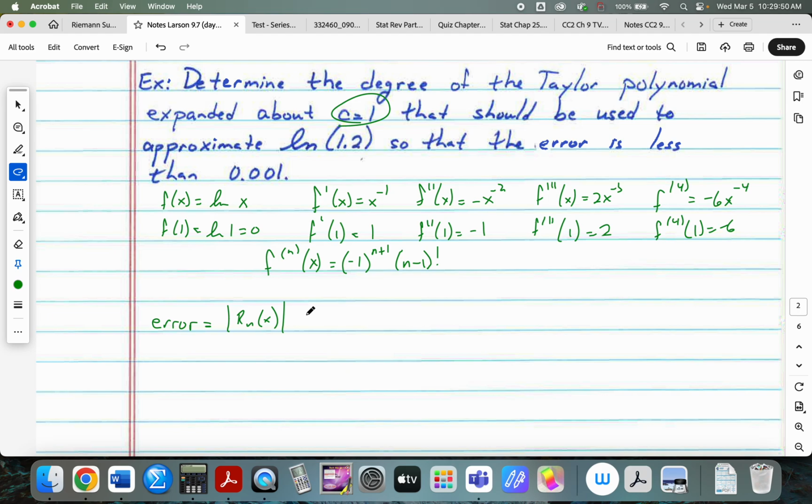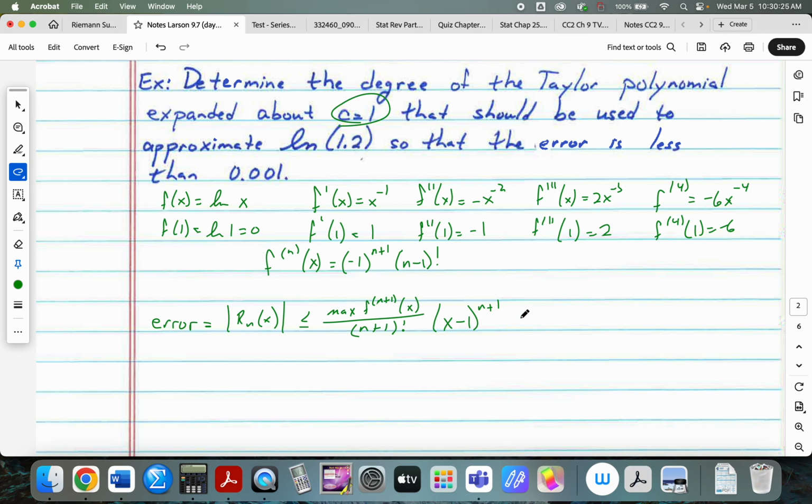And we know that that absolute value is going to be less than or equal to the max of the n plus first derivative at x over n plus 1 factorial times x minus 1 to the n plus 1 power.